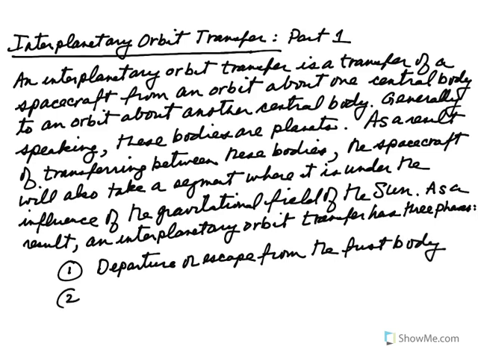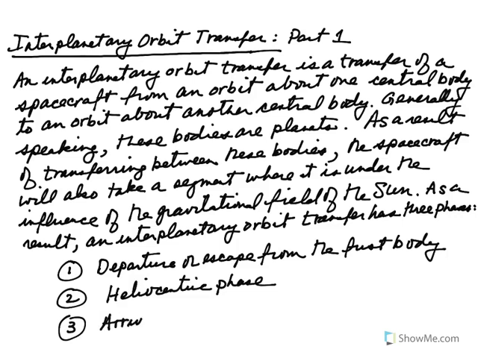Then the second segment is a heliocentric phase where the spacecraft is under the influence primarily of the sun, and then a third phase, which is an arrival phase or capture by the second body.